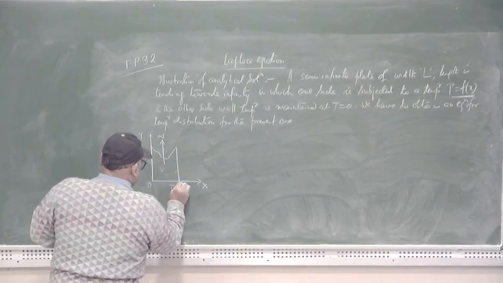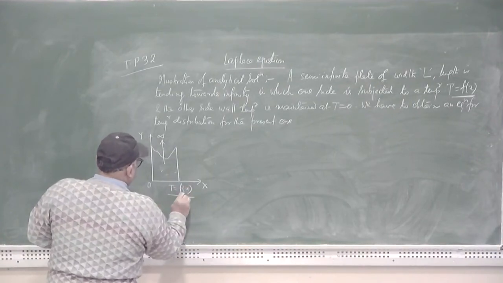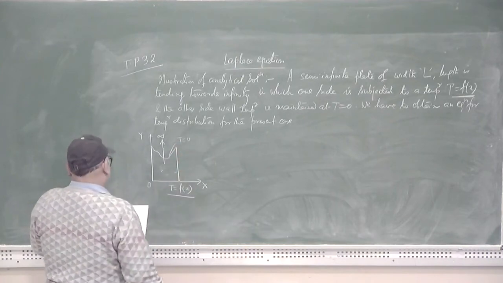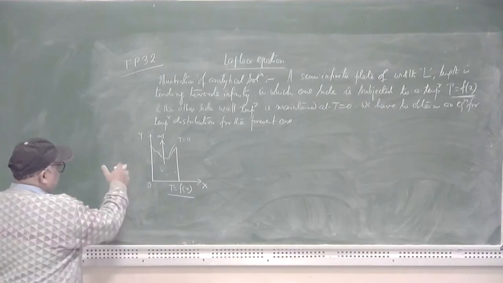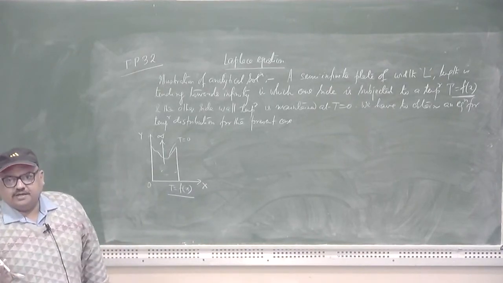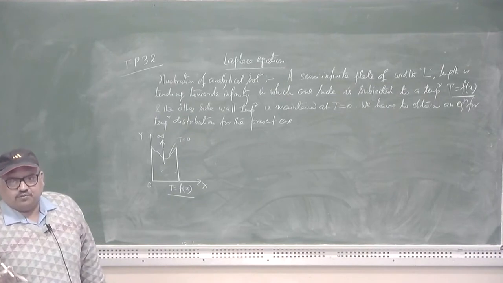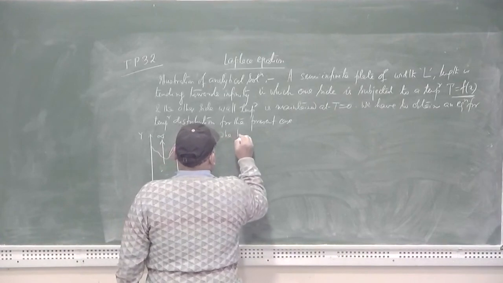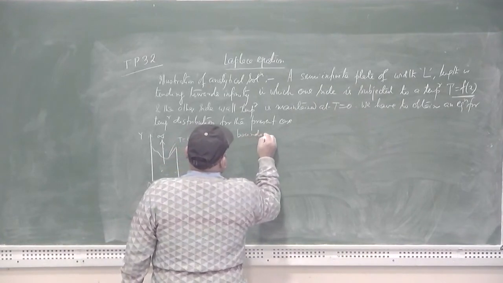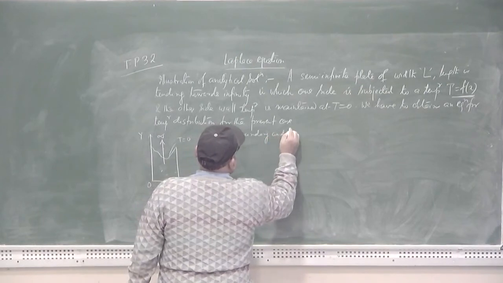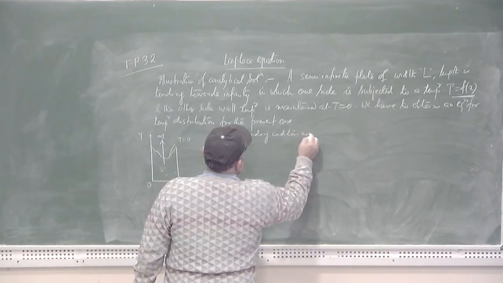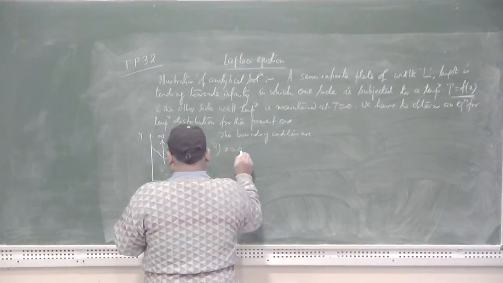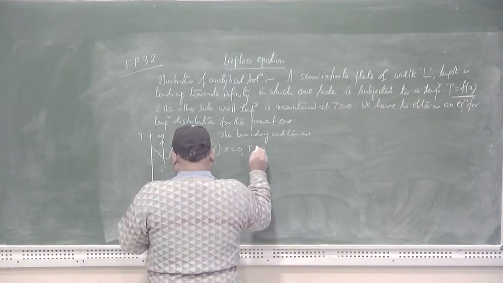The temperature along the x boundary is given as T equal to f(x), and the other sides of the wall are maintained at temperature T equal to 0. In this circumstance you have to obtain a temperature distribution equation. The boundary conditions are: number A, x equal to 0, T equal to 0.